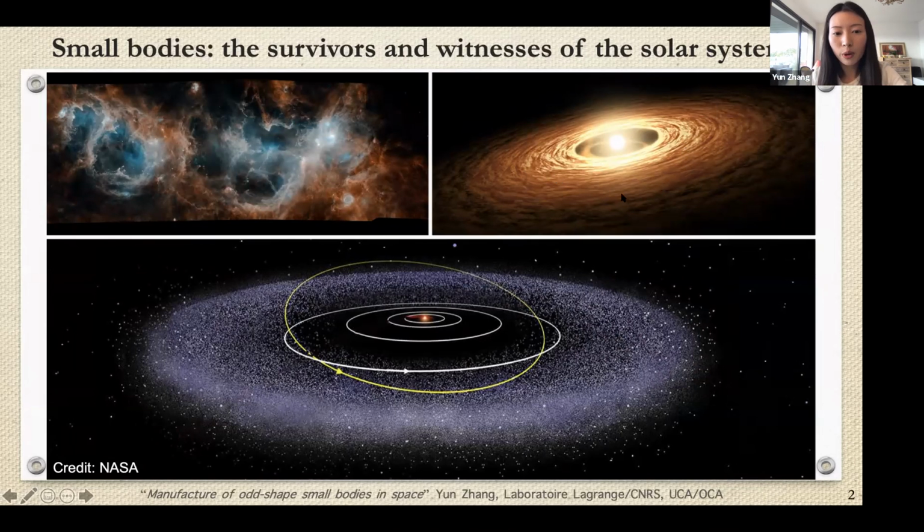Planets will eventually form from these disks, and various kinds of small bodies also survive as remnants of this era. So these small bodies have a huge diversity in terms of their formation and evolution, and the information content in them could help us reveal the entire history of a system.